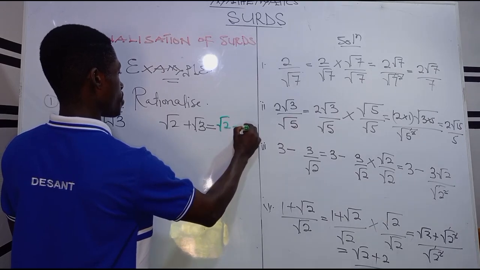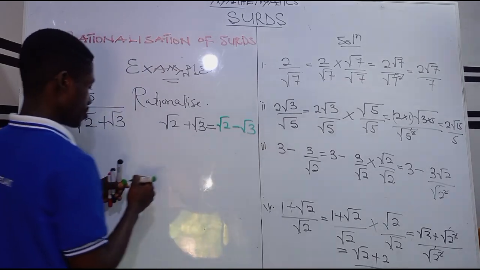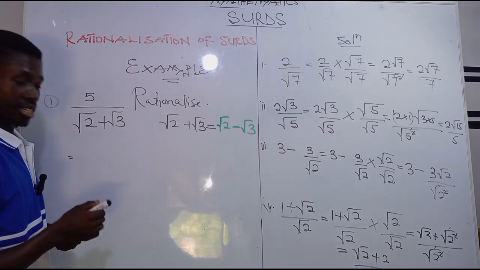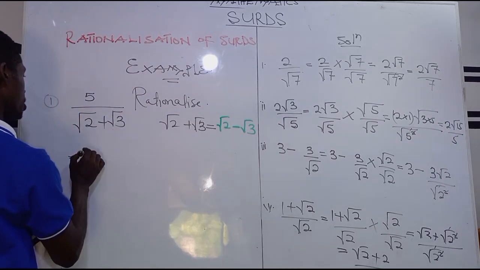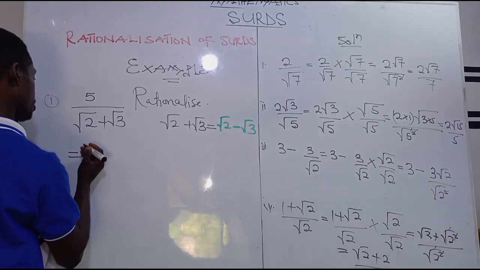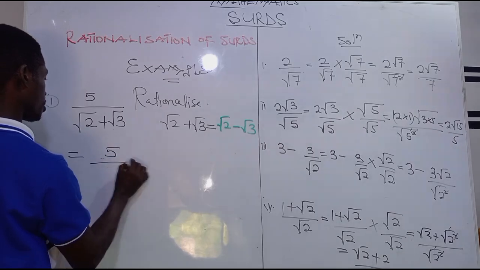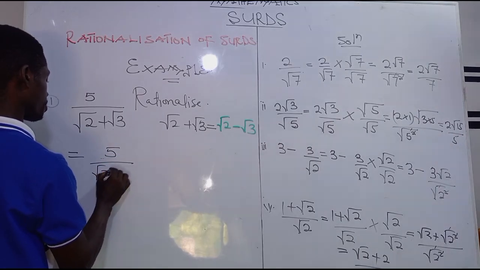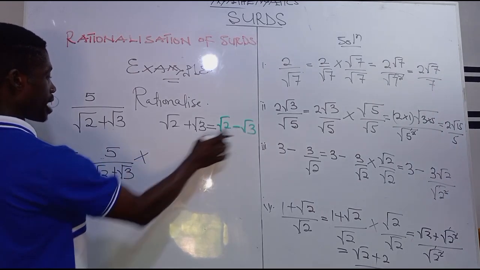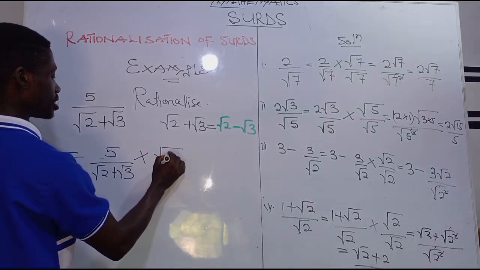Root of 2 minus root of what? 3. Good. So we are going to use this to multiply the top and bottom of this very fraction. So we are going to get 5 all over root of 2 plus root of 3. Then we multiply it by the conjugate.